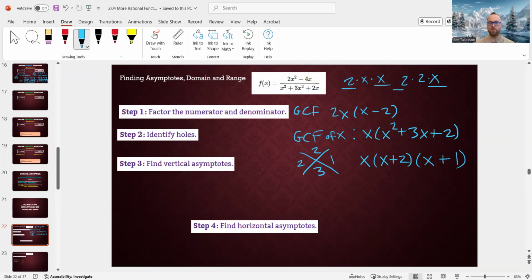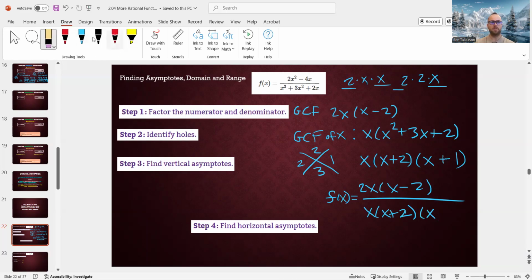So I'm going to write out that function here. Numerator was 2x times x minus 2 over all of this: x times x plus 2 times x plus 1.